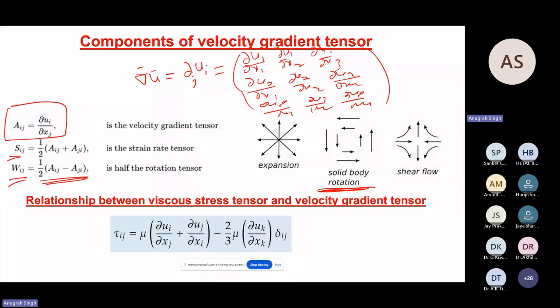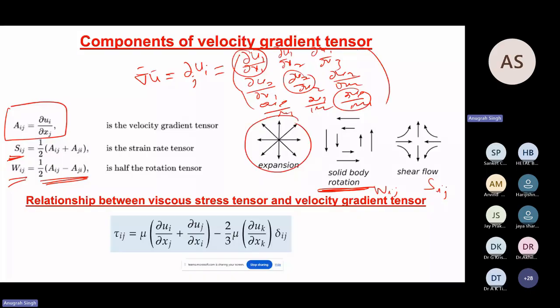And the symmetric part, so this is related to your Wij antisymmetric part. The symmetric part is related to the deformation or the shear, where you'll have a relative velocity gradient, a velocity difference between the two layers. And the isotropic part, the diagonal part, is responsible for expansion or contraction.